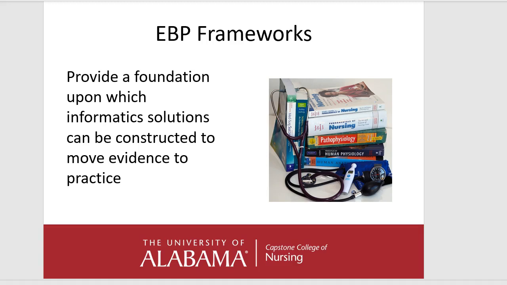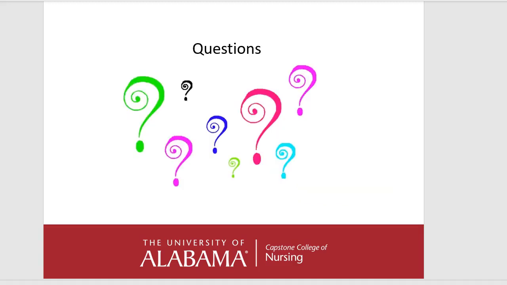So there's a lot of moving parts in there. So there's a lot of reasons why it takes a bit of time to get evidence to practice. New solutions based on evidence, but we want to begin to think about how we can tighten that gap and get evidence and the use of that evidence in our current practice.